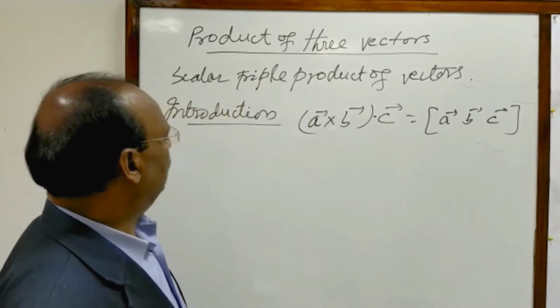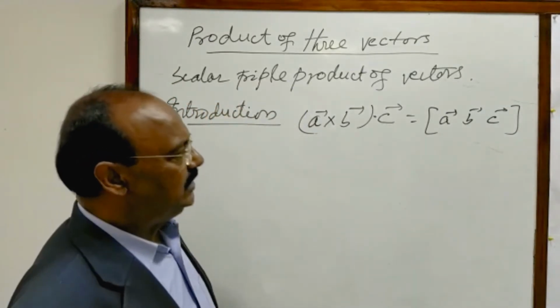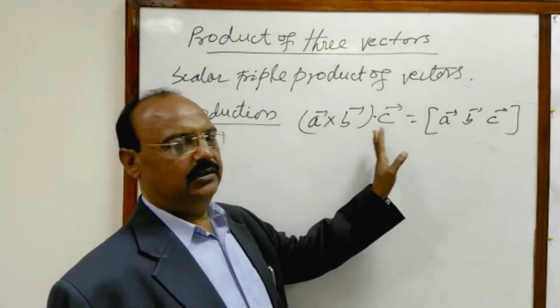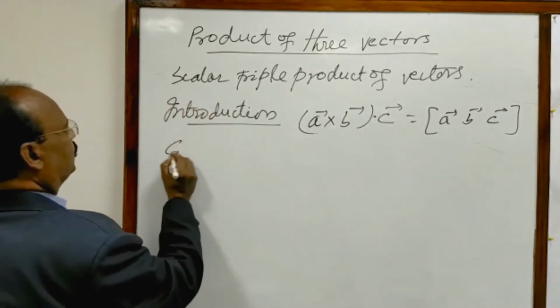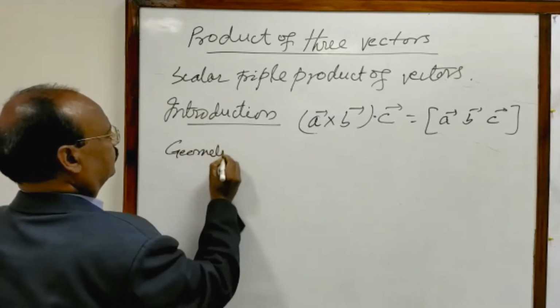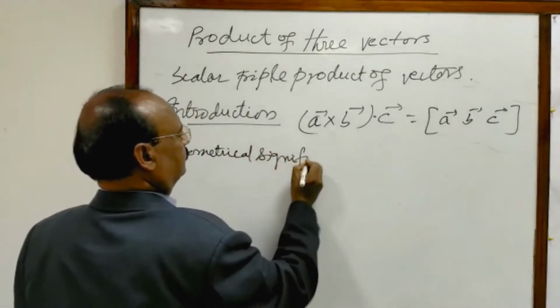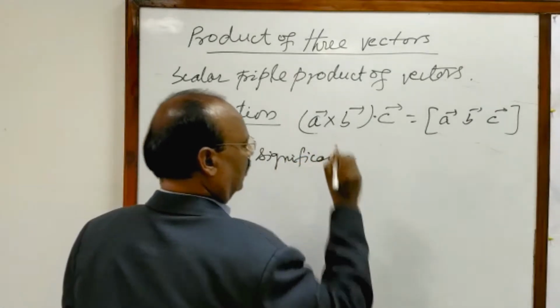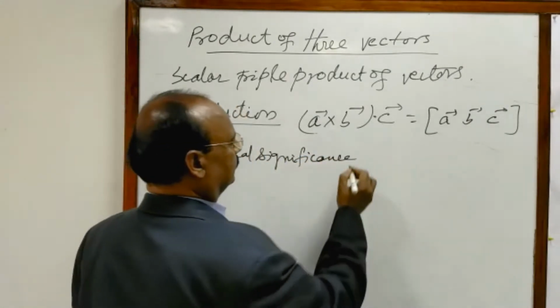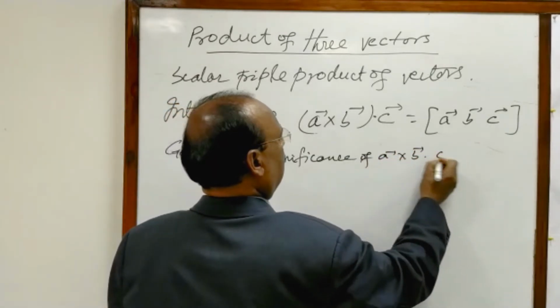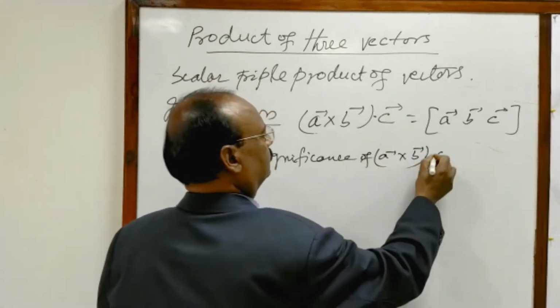So first of all, let us see what is the geometrical significance of the triple product of vectors A cross B dot C.